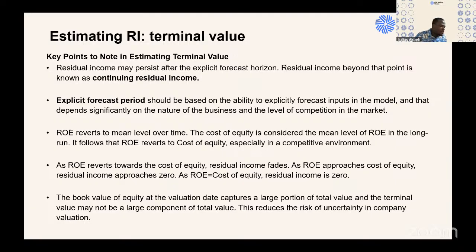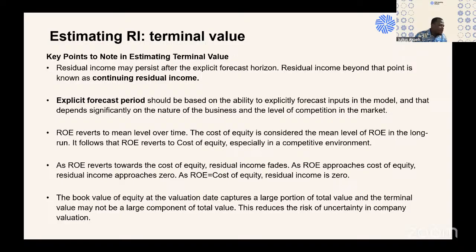So the final year in the explicit forecast period is the only year that a positive residual income will be recorded. Beyond that, it is 0. Remember the first one, I said residual income will persist forever, and residual income can be positive or negative, depending on whether ROE is greater than cost of equity or vice versa.